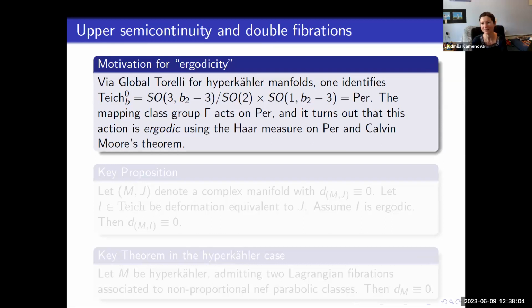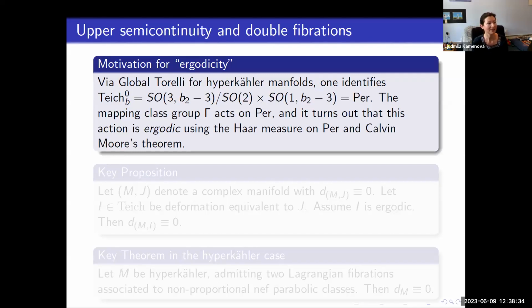So then Verbitsky's Torelli theorem says that, you take the Teichmüller space, mod out by the equivalence relation where two hyperkählers are equivalent if they're birational, take a connected component. Every connected component is isomorphic to this quotient of non-compact Lie groups, the period domain.